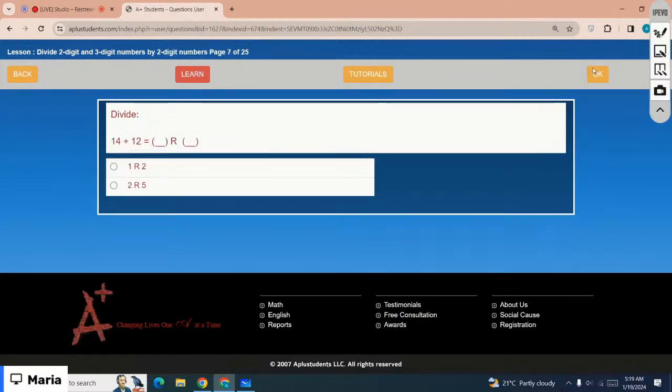Okay, the next one is 14 divided by 12, which is the correct option.